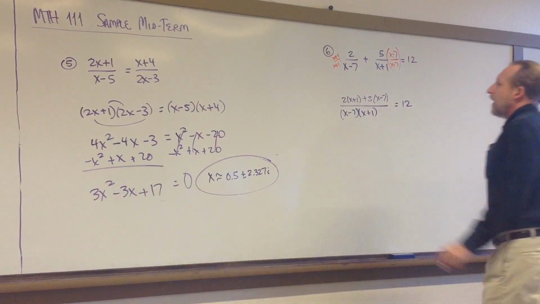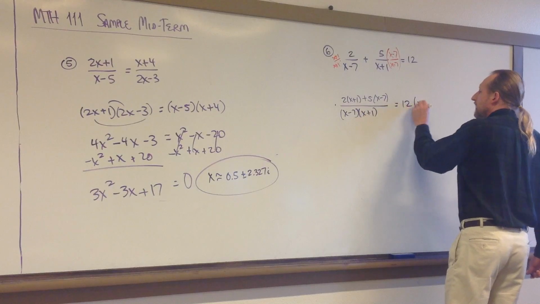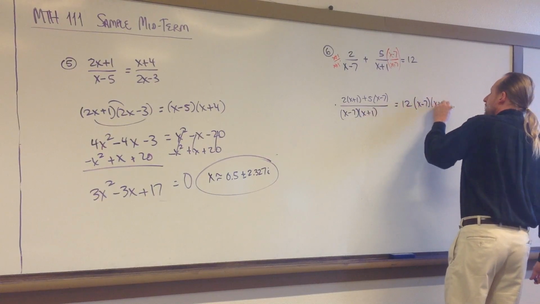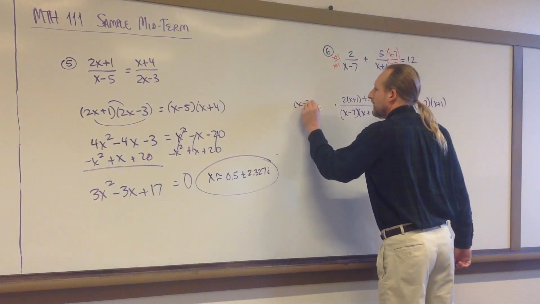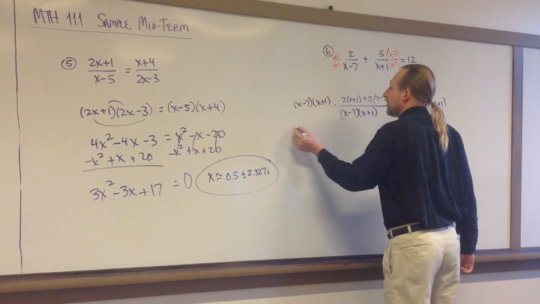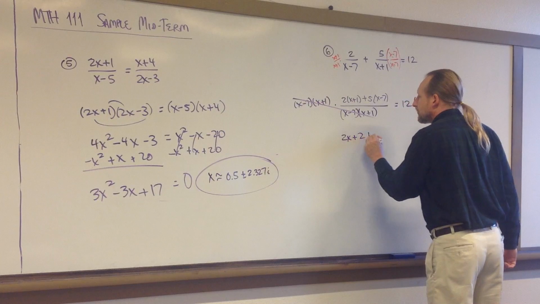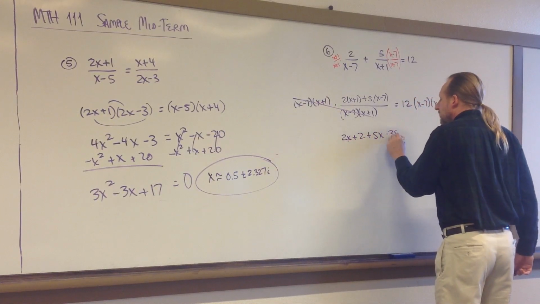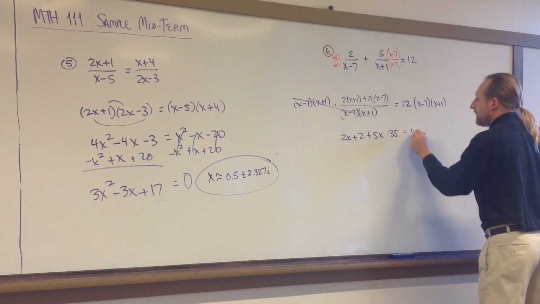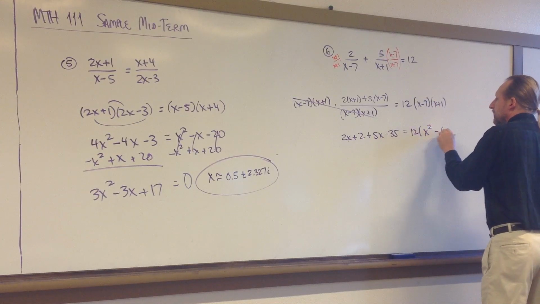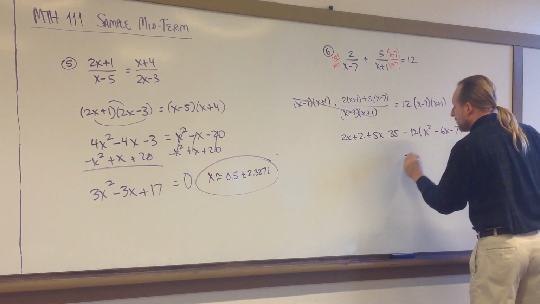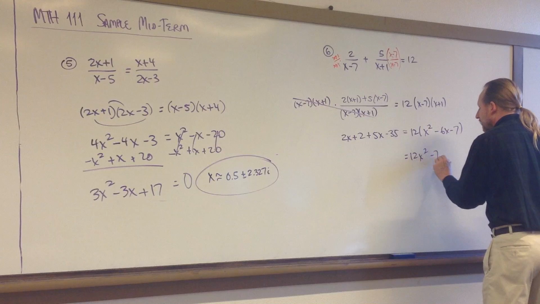All right, so I'm going to clear out this denominator by multiplying on both sides by x minus 7 times x plus 1. That'll cancel, and we'll get 2x plus 2 plus 5x minus 35. Over here, x squared minus 6x minus 7 times 12.